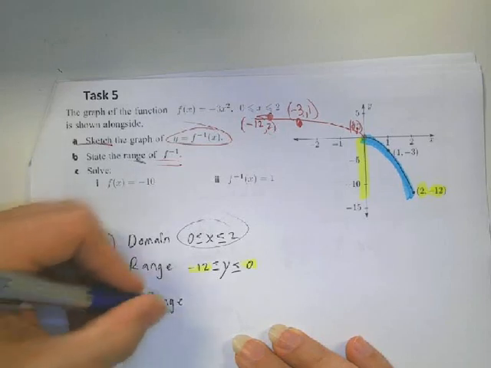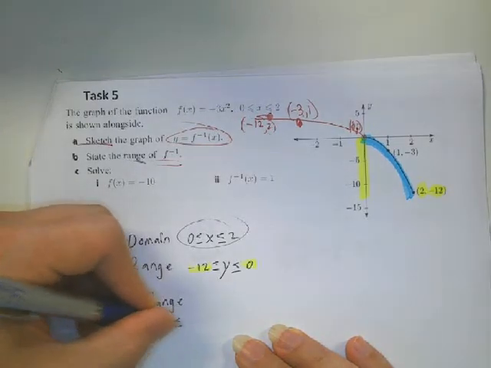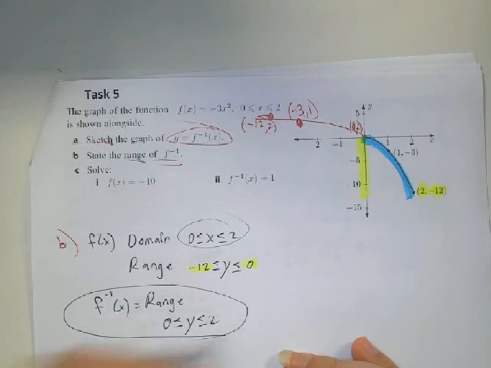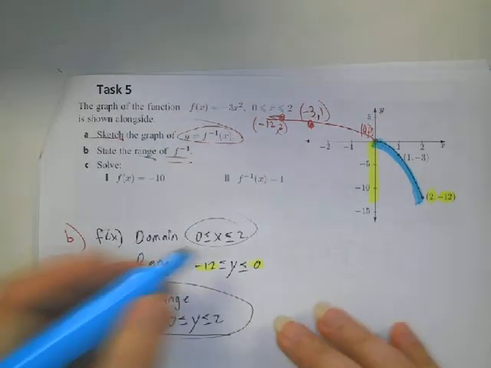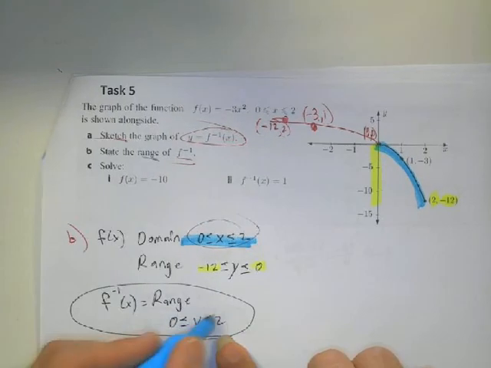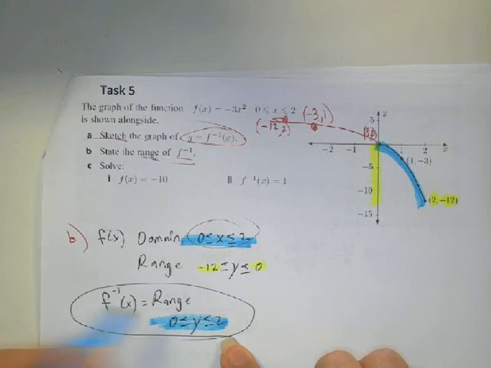So the range is going to be from 0. Okay. So remember that if my domain on the original function is this, then that's going to be my range of the inverse function.